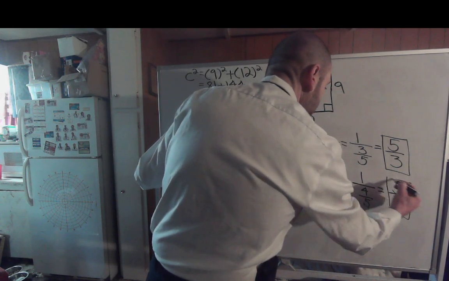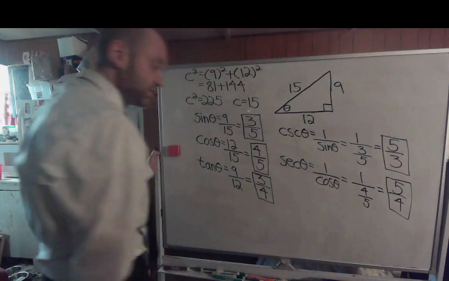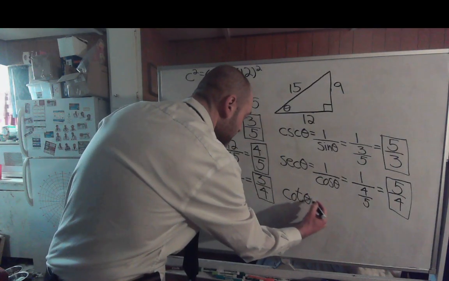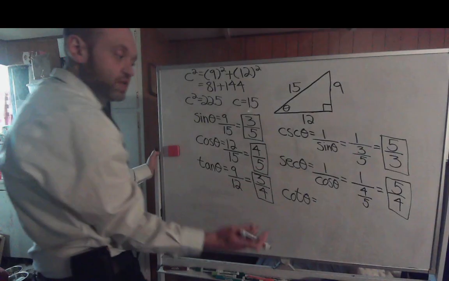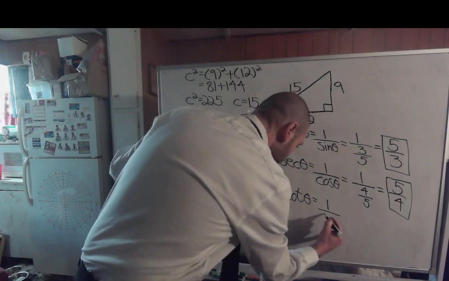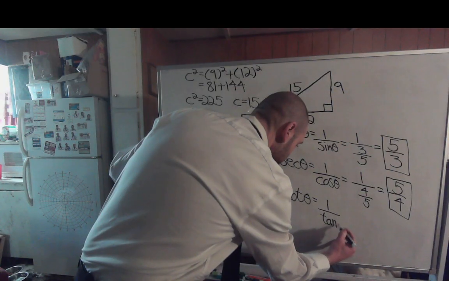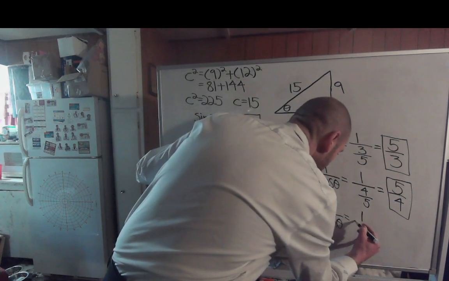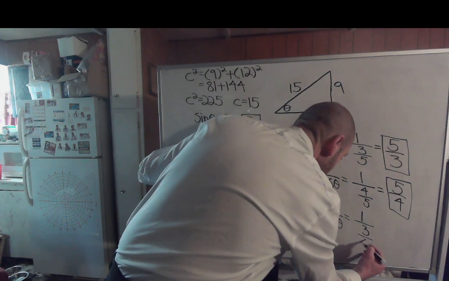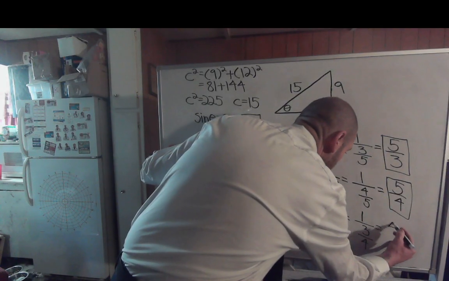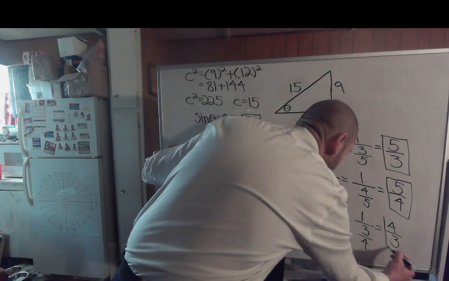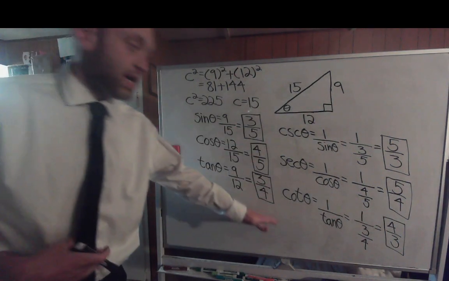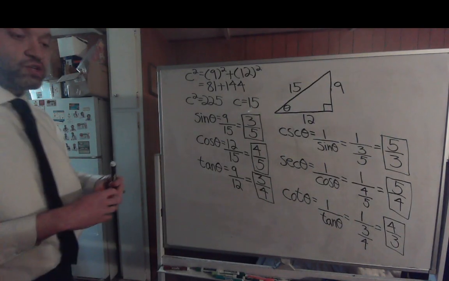So the secant of theta is going to be 5/4, and then your cotangent of theta, well, again, cotangent is simply the reciprocal of the tangent function, so 1 divided by the tangent of theta, which in this case would be 1 divided by 3/4, which should give you a value of 4/3. So the cotangent of theta would be 4/3. So here you have the 6 values of your trig functions.